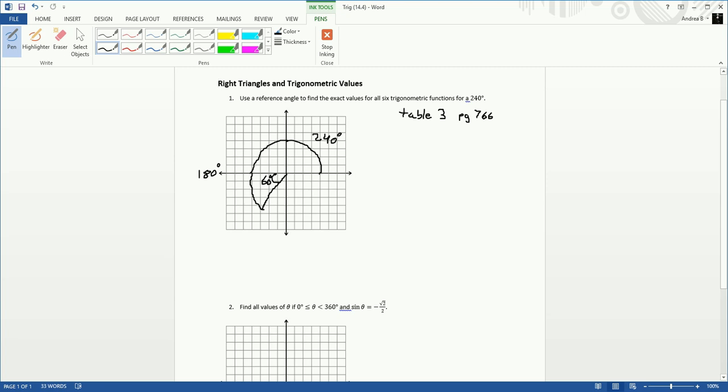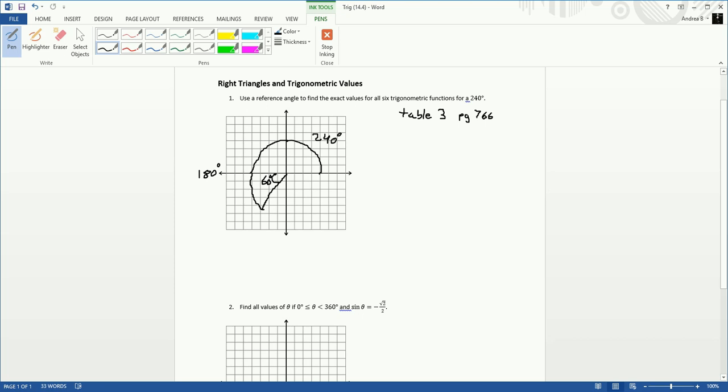And that can help you with trying to figure out how to get the exact values for these. So you'll notice there that it has the 60-degree angle as one of the values, but we have to be careful of the signs that we're going to have for these values.